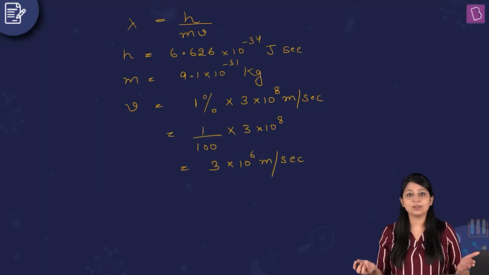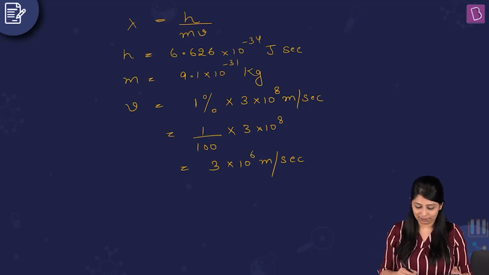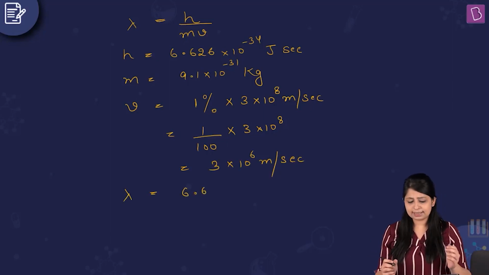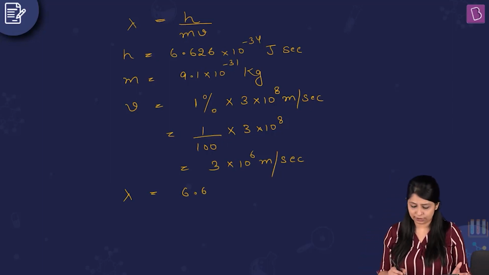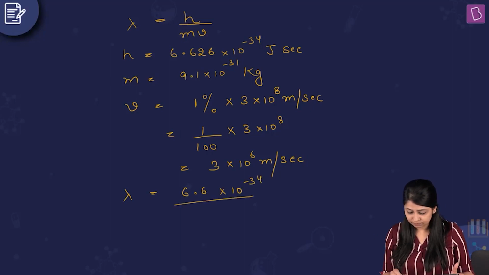So what do we have to do now? We have all the values, and we'll just put it into the formula. So lambda will be equal to 6.6, let's approximate 6.626 as 6.6 for easy calculation. So 6.6 into 10 to the power minus 34 upon 9.1 into 10 to the power minus 31 into 3 into 10 to the power 6.